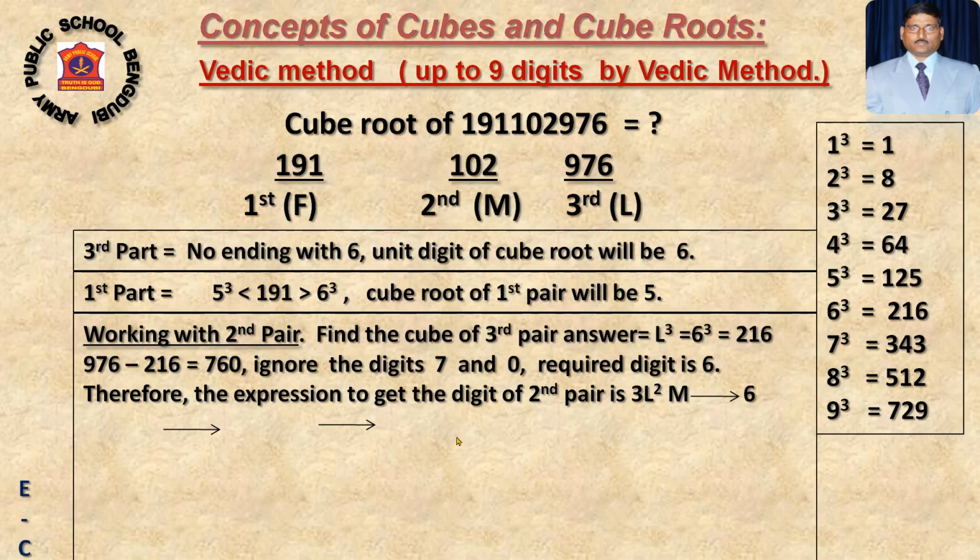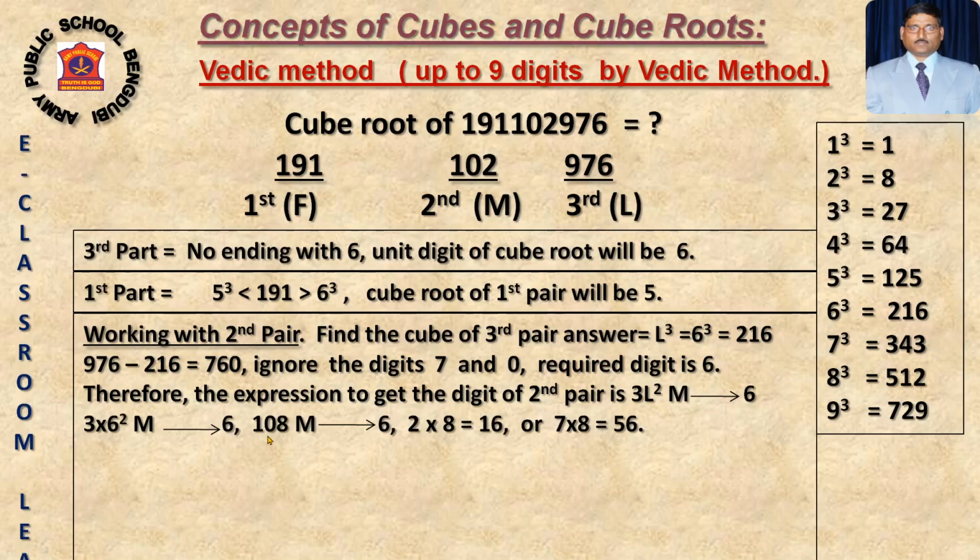Same procedure. 3 L square M should be equal to the digit 6. So 3 into 6 square, how much? 108. 108 into the middle digit should give the unit digit 6. 108 multiplied by what, so that it comes to 6? Forget about 108, only the digit 8. 8 multiplied by 2, I will get 6 as the unit digit, or 8 multiplied by 7, I will get 6.